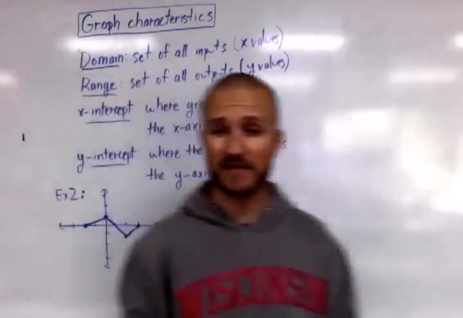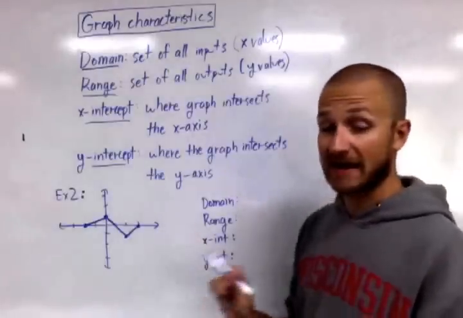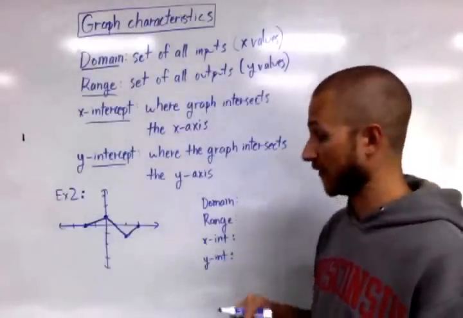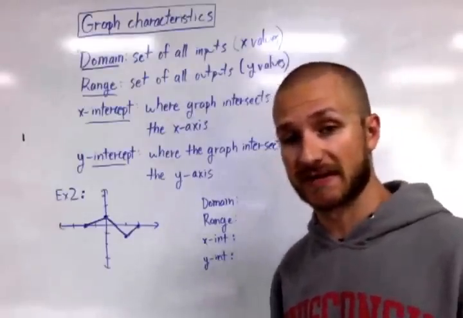So for this example, I have this kind of weird zigzag graph, and it doesn't have any arrows, meaning this is it. It doesn't go on forever. There's not other pieces. We just have this little zigzag.